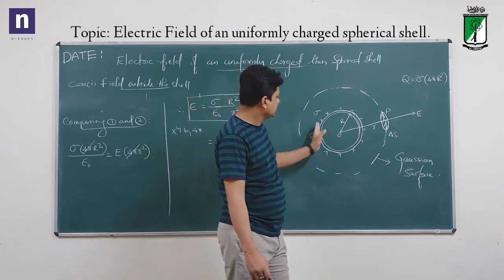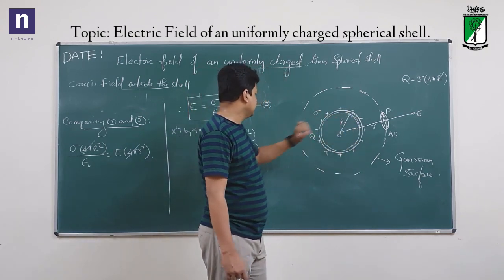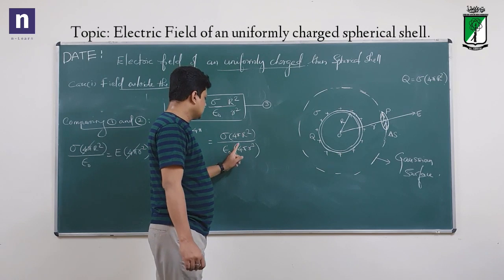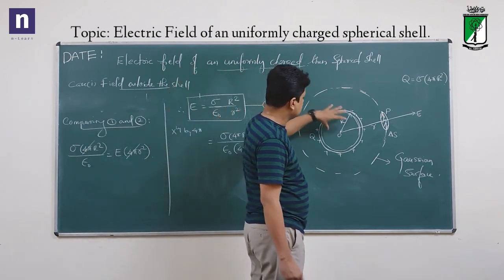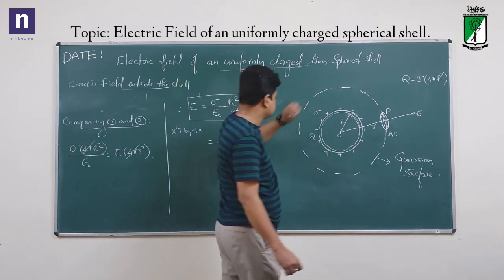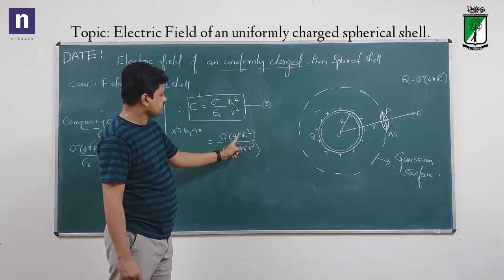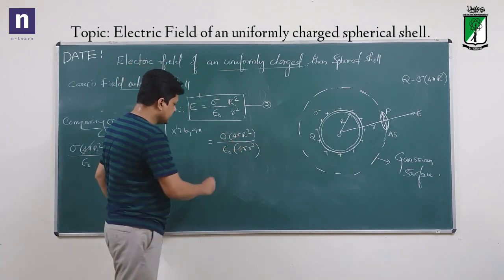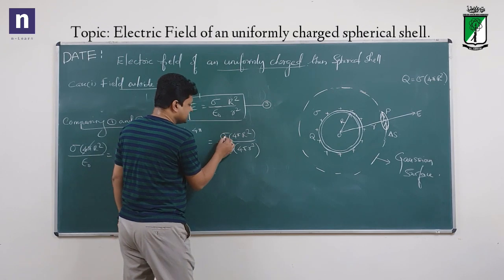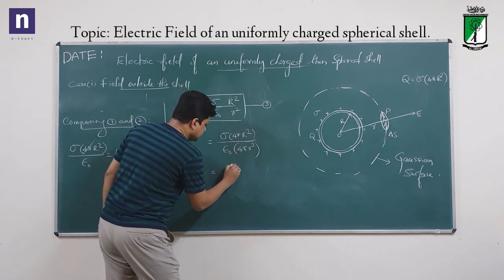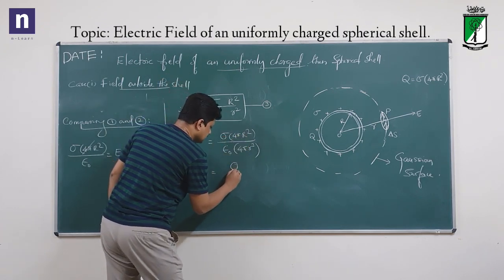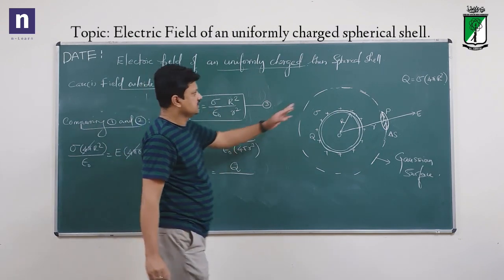The surface area of the spherical shell here, and this is the surface area of the bigger spherical shell. Now sigma into this, A I can say, sigma, that is charge density into area, is nothing but charge, right? That is what it is.